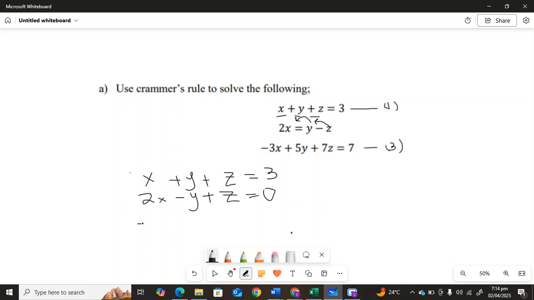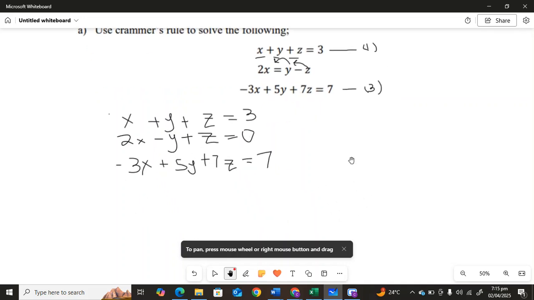Then our third equation, negative 3x plus 5y plus 7z equals 7. Okay, so now all the equations are in the standard form. Now we can go ahead and use Cramer's rule.